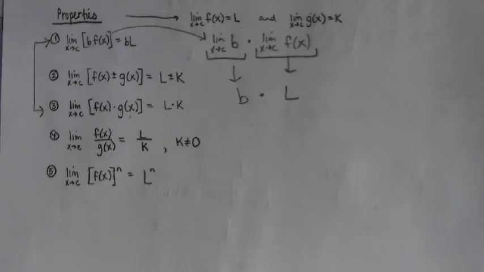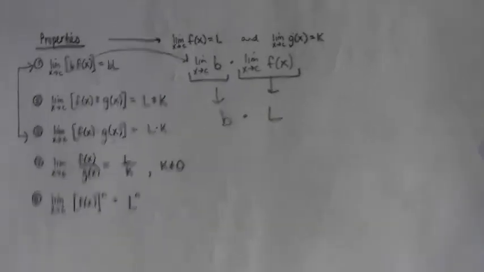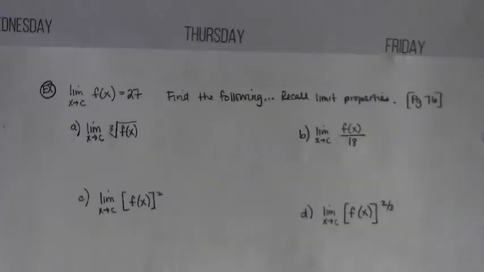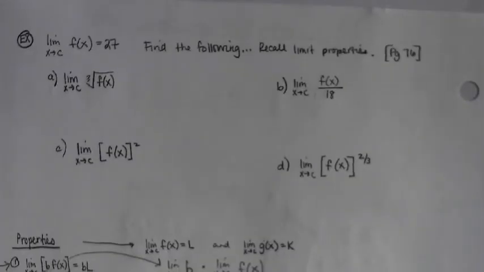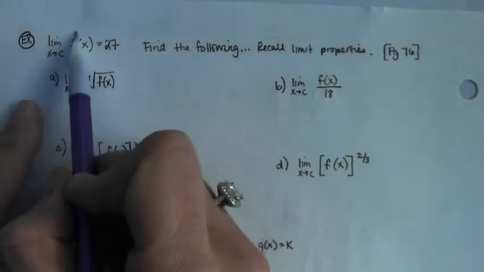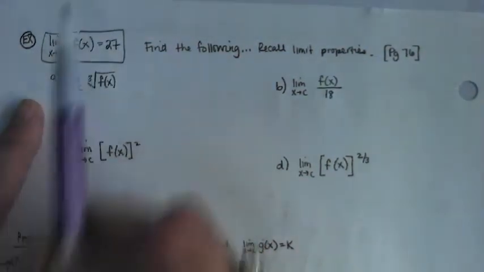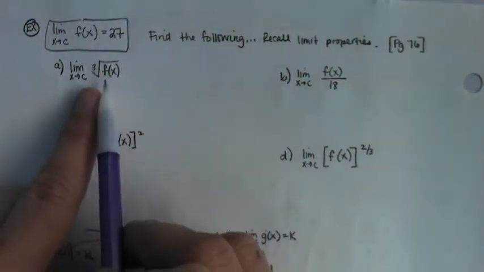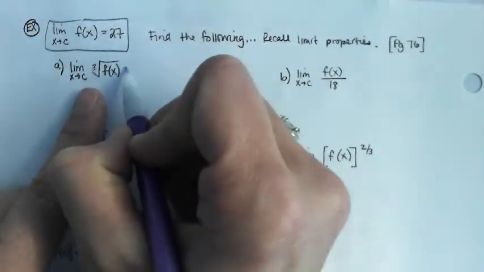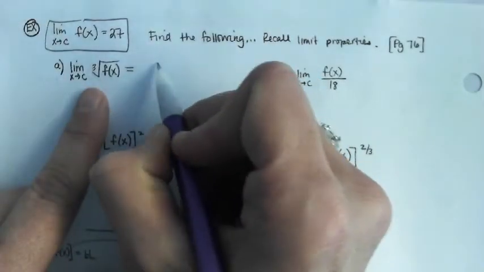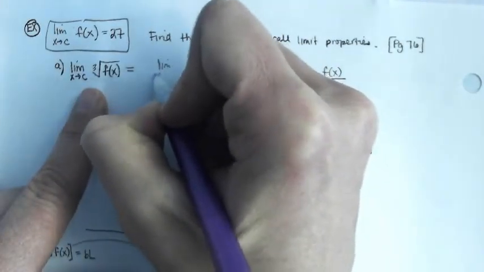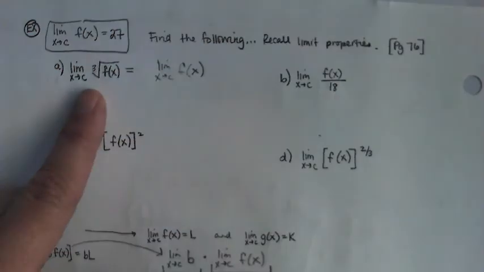Yes? So, what do they get? There's questions like this on your homework. Find the following, recalling the limit properties. So, they're telling us that the limit of f of x is 27. So, using our limit rules, we can take the limit of f of x first, and the cube root is just like an exponent, right?